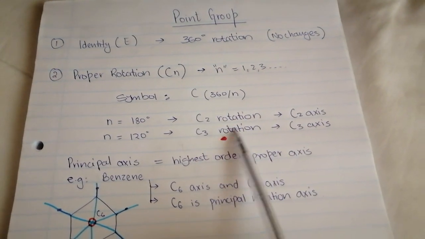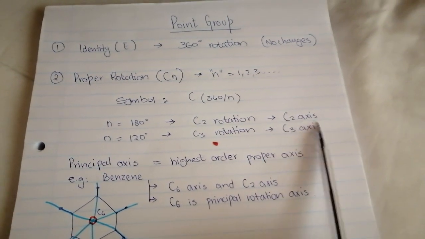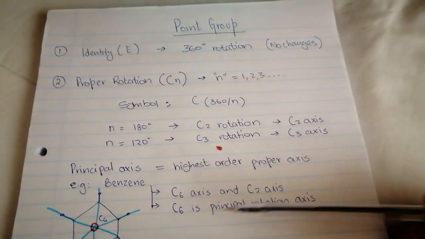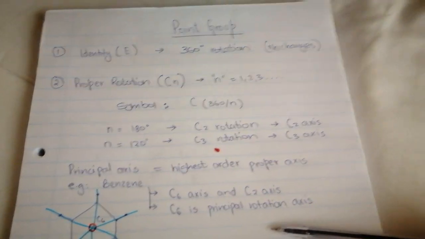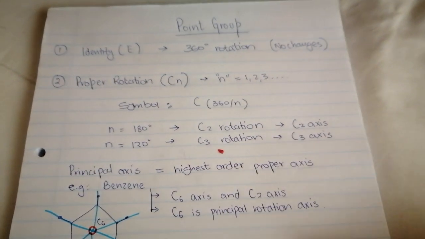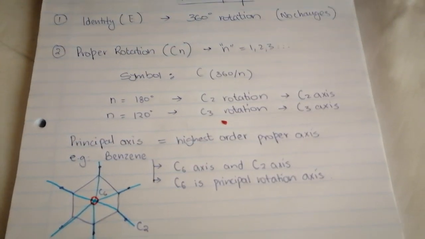So the rotation will be a C3 rotation and the axis will be a C3 axis, and we can continue. Whatever the rotation angle is, you divide 360 by it to get your number n. This is your principal axis or principal rotation.